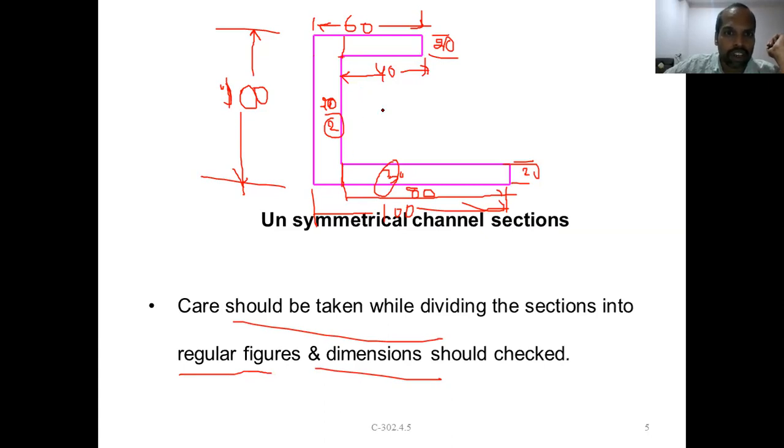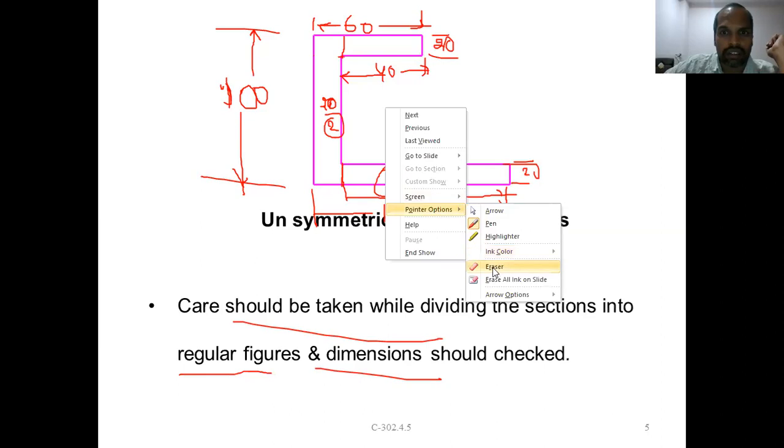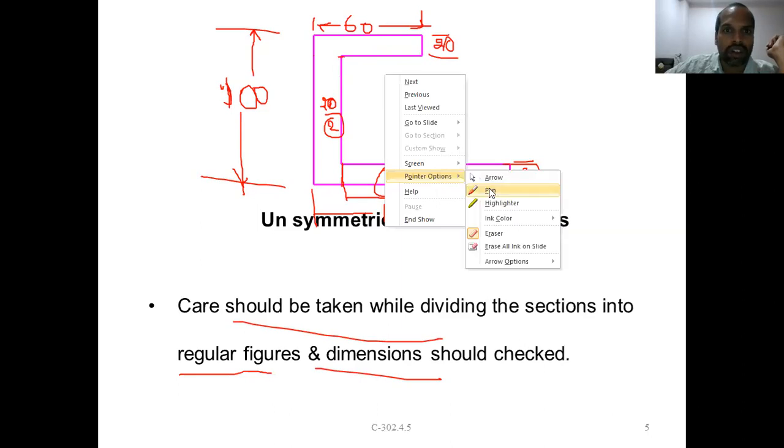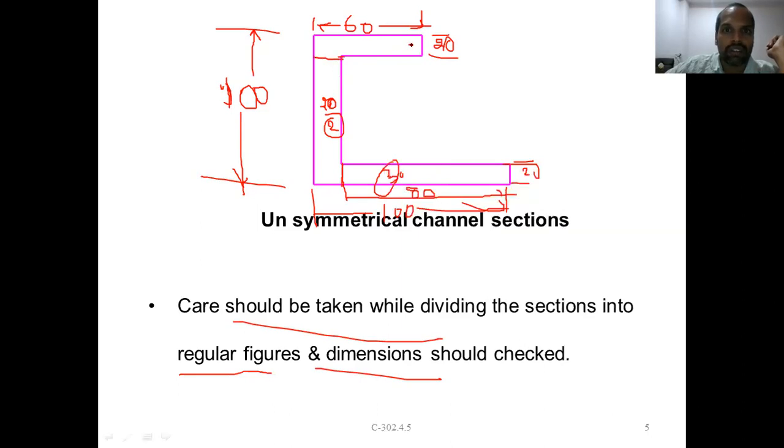For example, if you divide it another way, section 1 is divided like this. This width will be 60 only. There is no issue for figure 1. But coming to figure 2, what is the dimension? Total 100 is from here to here, but I want only up to this point. Similarly, this one up to this point.